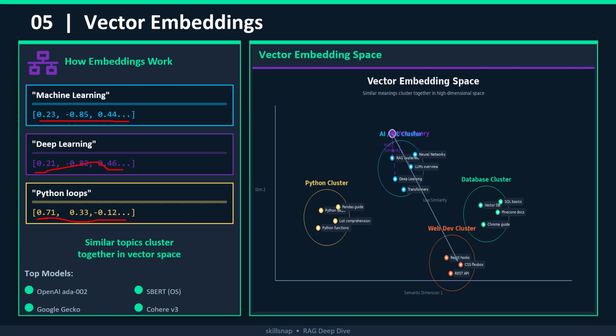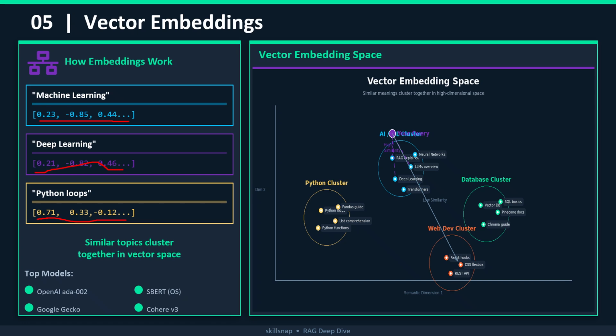Whatever similar things there are will have similar vector representations and similar meanings clustered together in a higher dimensional space. So when you want to search the vector database, you will not do keyword matching. You will measure the geometrical distance, which you can understand as cosine similarity.